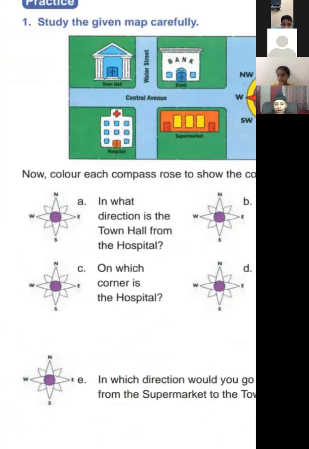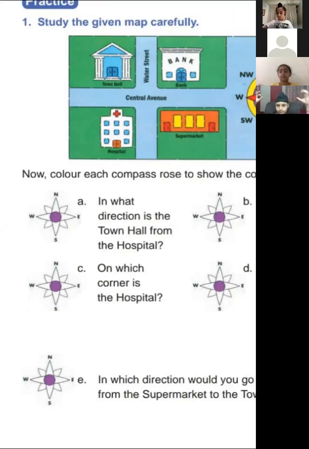Who will answer this? In which direction is the town hall from the hospital? Not south. Tell me. From the hospital, you have to go to town hall. Which direction will you take? North. Very good. It will be north.